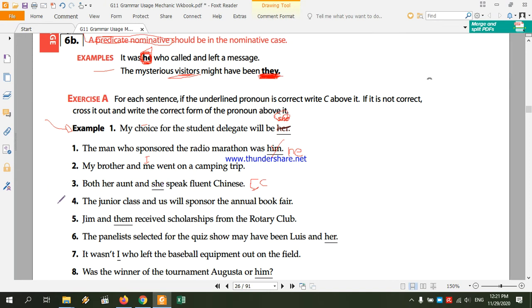Number 4, the junior class and us will sponsor the annual book fair. So the junior class and we will sponsor the annual book fair. Jim and they received scholarships from the Rotary Club.